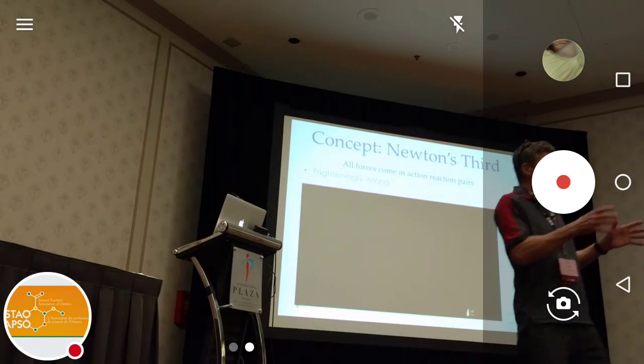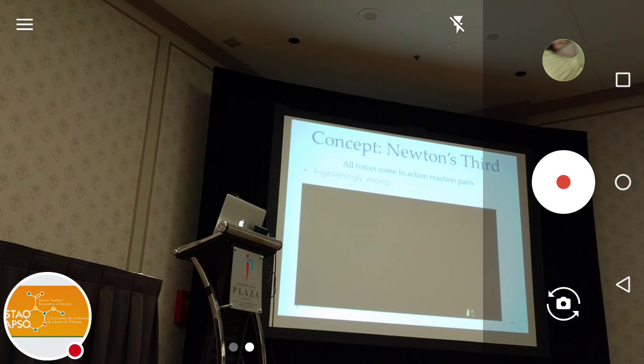So, Newton's third law, which is actually probably the most abstract and the most difficult for our students to understand, says that in our universe, all forces come in pairs. When I push on you, you push immediately back on me with exactly the same force. Sometimes it's obvious, other times it's less obvious.